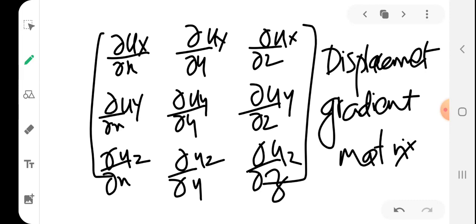So this is finding the gradient of the displacement. These gradients of the displacement components in the x, y, and z directions are very important in the analysis of strain. So one can represent this in the form of a matrix called the displacement gradient matrix.